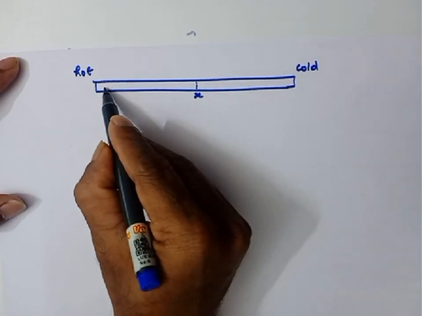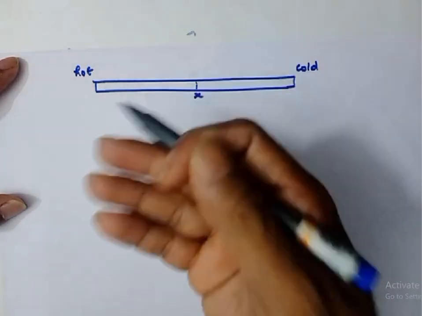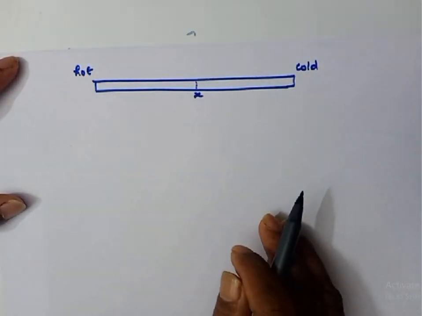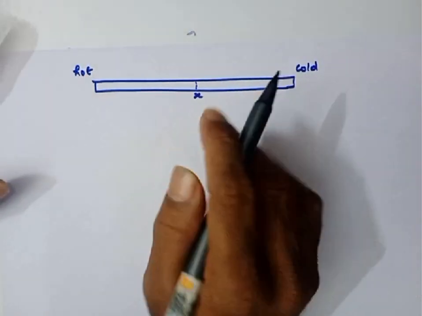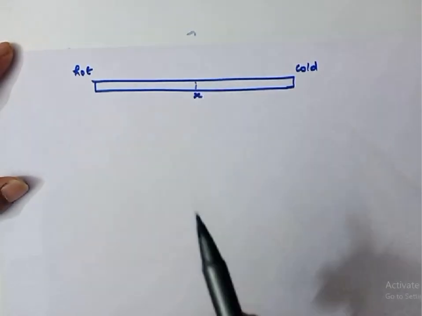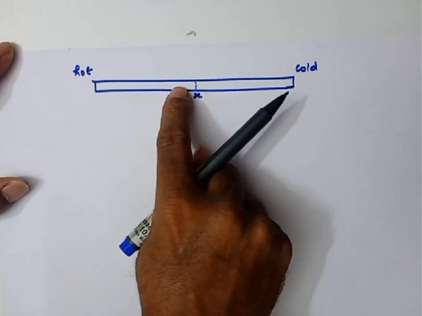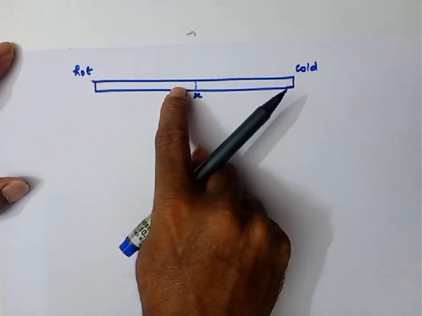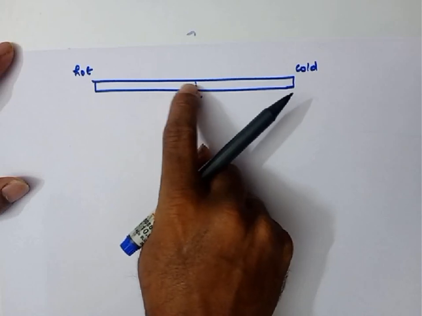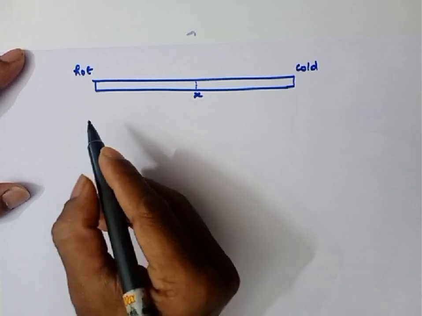Similarly, when free electrons move from hot end to cold end, they will undergo many collisions. Collisions change the energy of the electron. But what we are going to focus on is the energy of the electron that is coming to the point X. So for that, I need to find out where the last collision would have occurred before the point X.